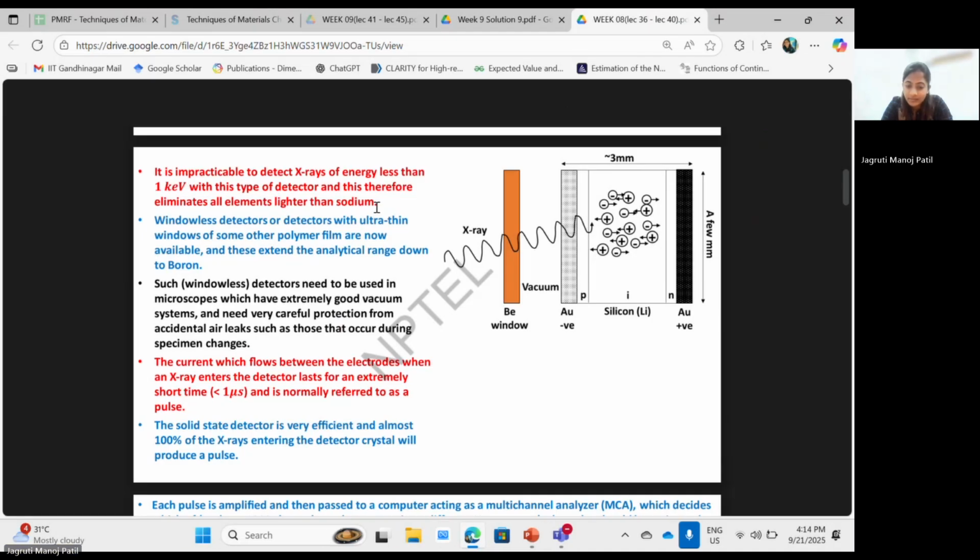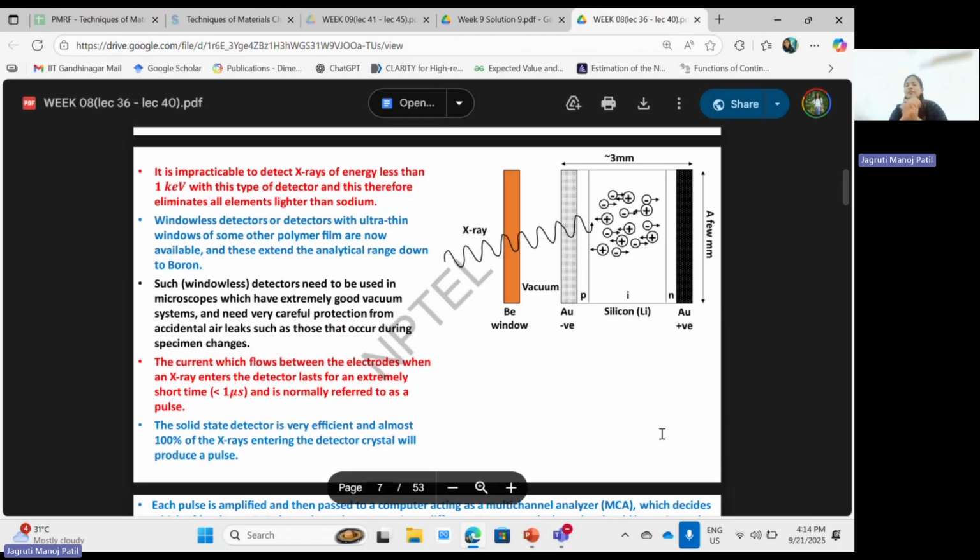Anyone? Let me check. Yes, okay, so it's 11. The ones lighter than that, we saw it was 6 or 4 for beryllium. So it would be very difficult if we want to detect them, right?